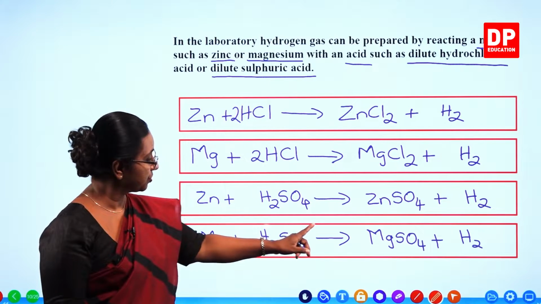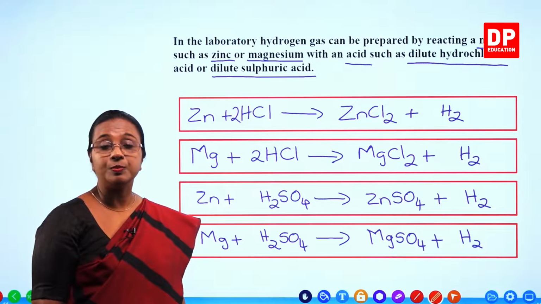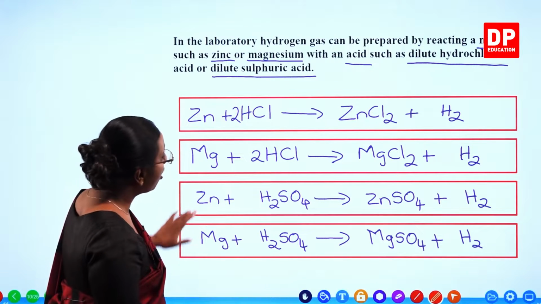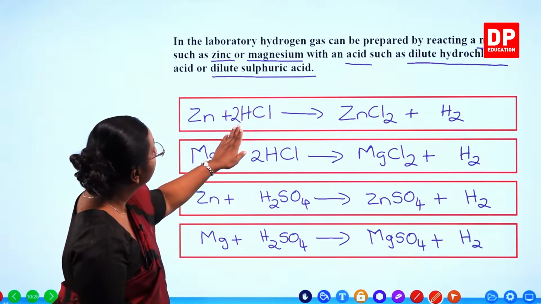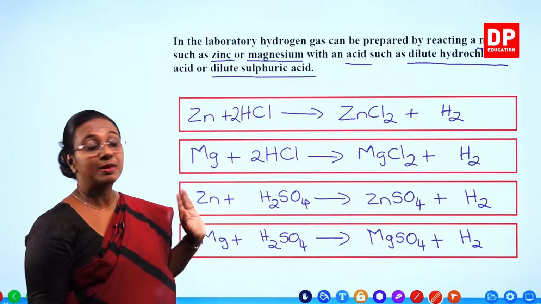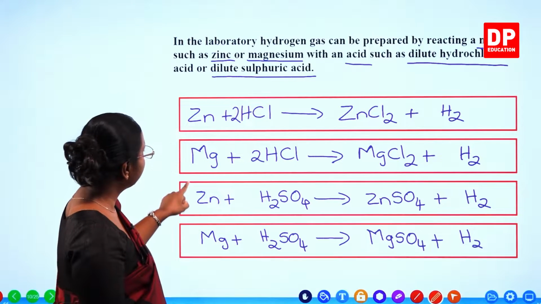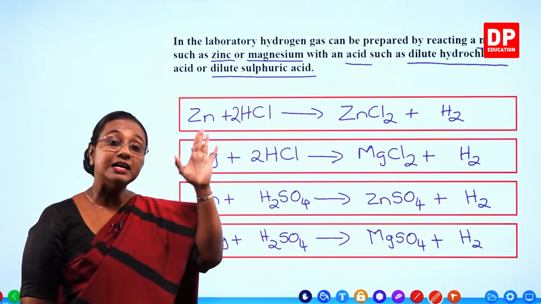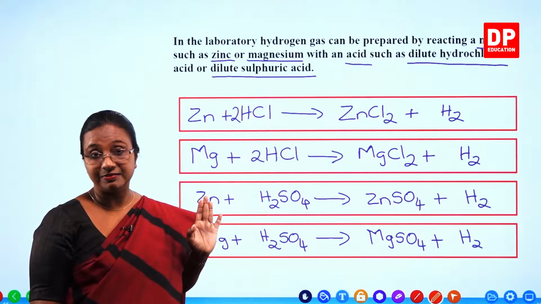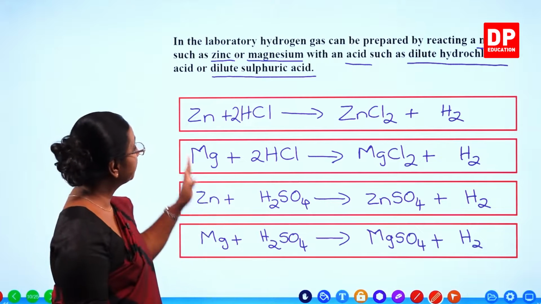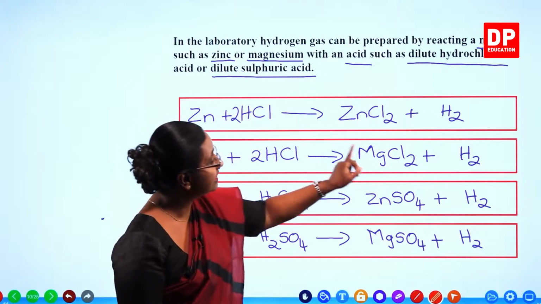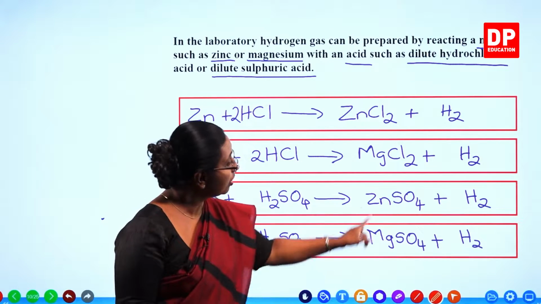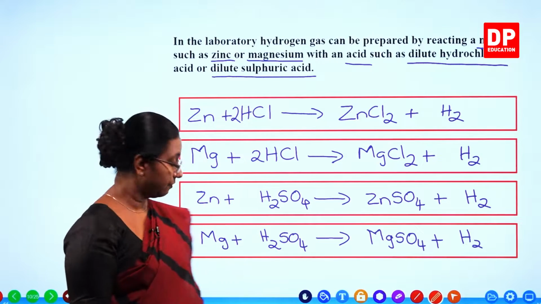Mg plus H2SO4 giving rise to MgSO4 plus H2. So in all these, hydrogen is displaced by the metal. And you all can remember in the activity series, both magnesium and zinc are above hydrogen. Because of that, they are able to displace hydrogen, and the salt and hydrogen gas are formed.